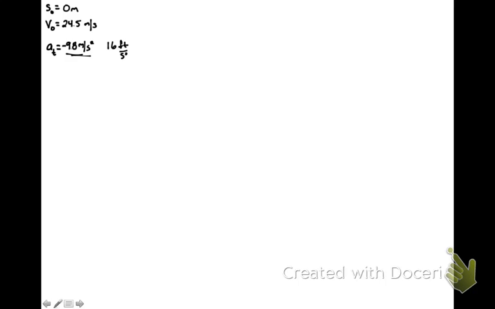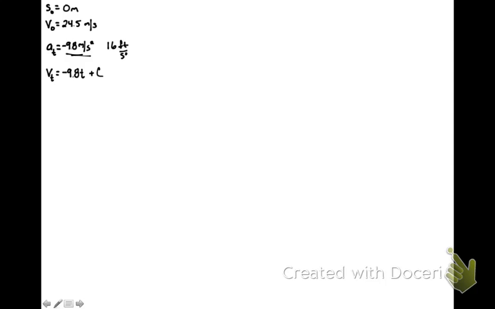the arrow. So if I were to integrate this, I would have v of t, so v, the velocity at any time, is equal to negative 9.8 t plus some constant.